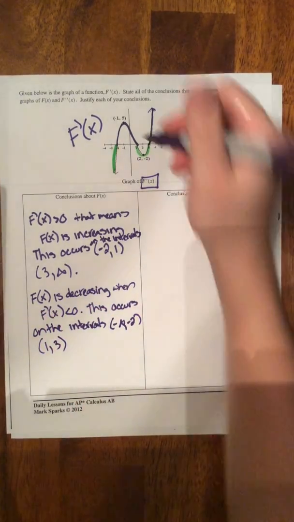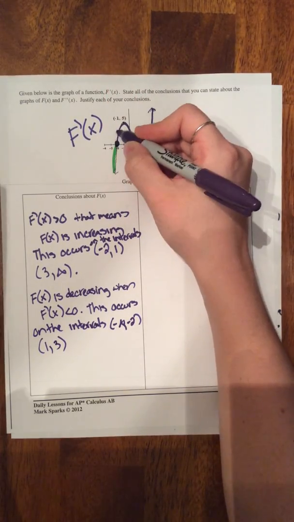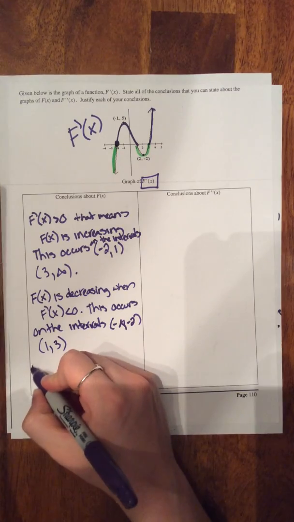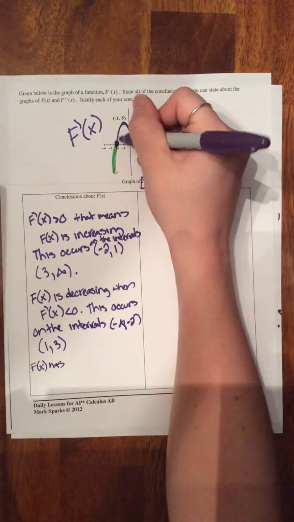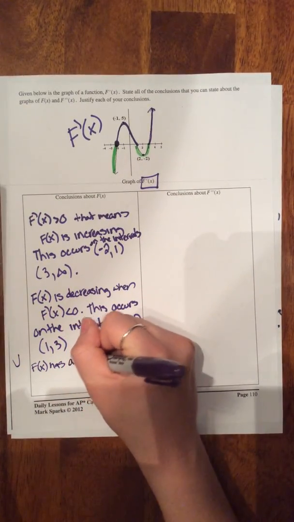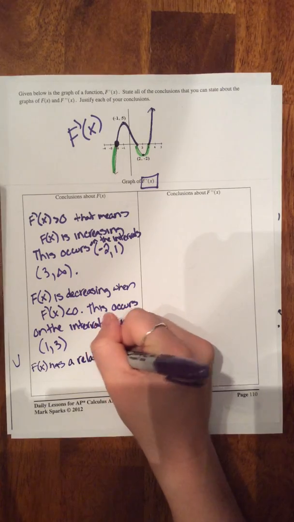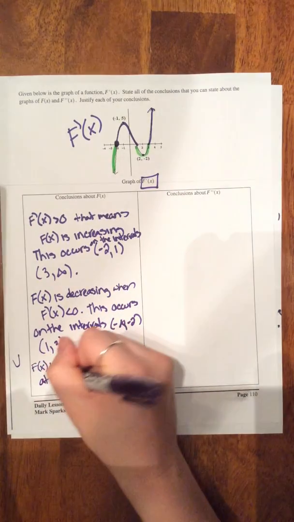I also can see right here that f prime is changing from negative to positive. So f of x has negative to positive. Think about that. That would be decrease and increase. So has a relative min at x equals -2.